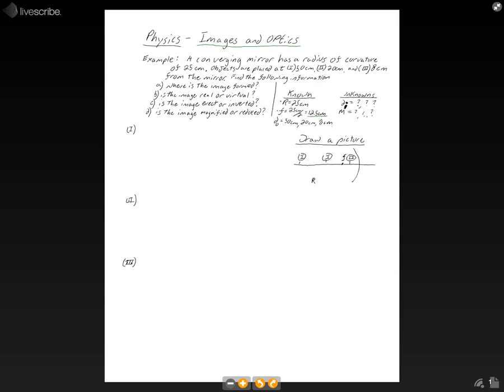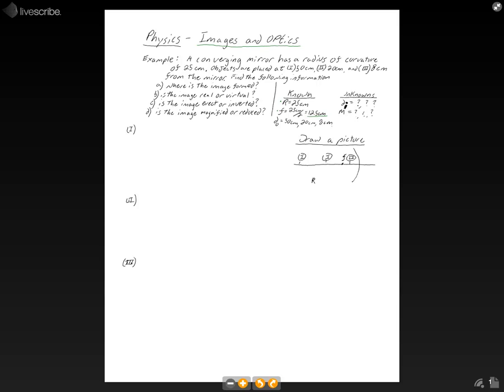And then we know the initial distances, the d naughts, are 50 centimeters, 20 centimeters, and 8 centimeters for 3 different cases. And then our unknowns are the image distances, the magnifications, and then some other information on the images.